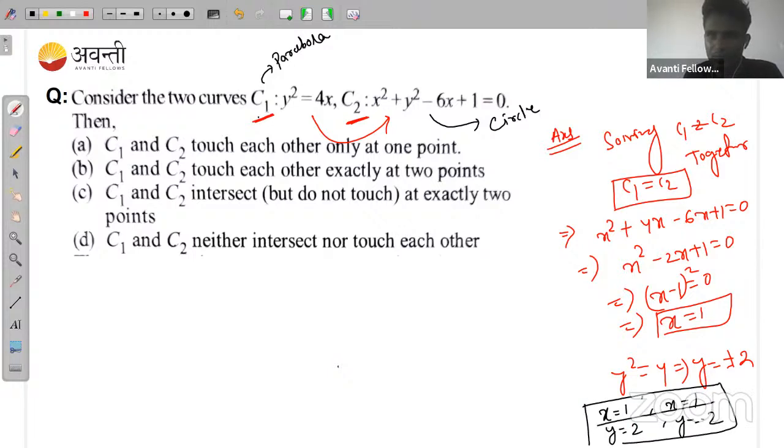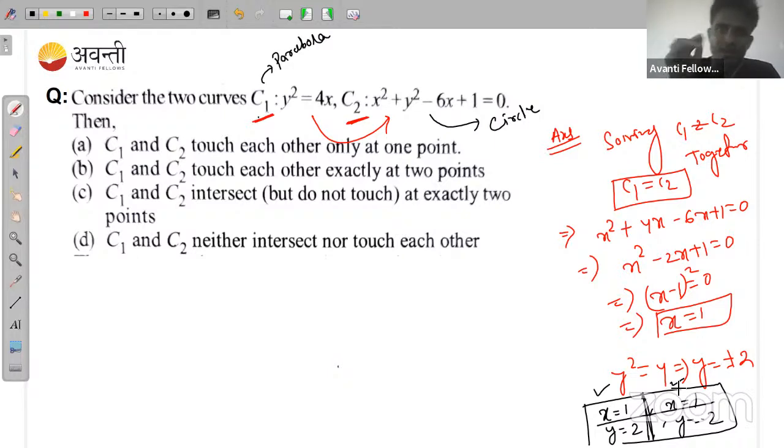Okay. We have 2 points of intersection. So C1 C2 intersect but do not touch at exactly 2 points.